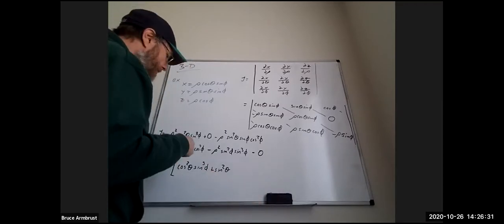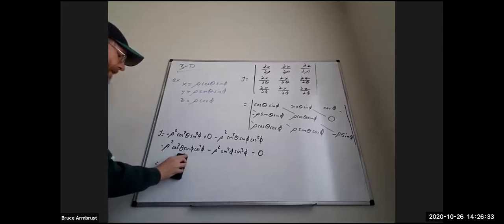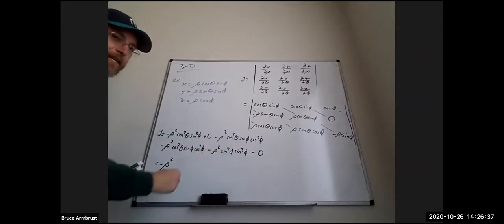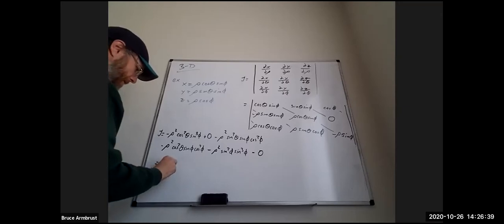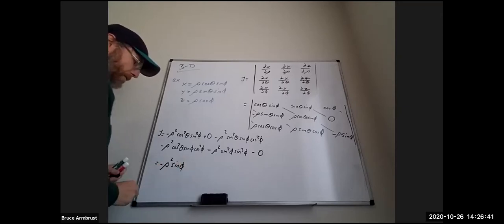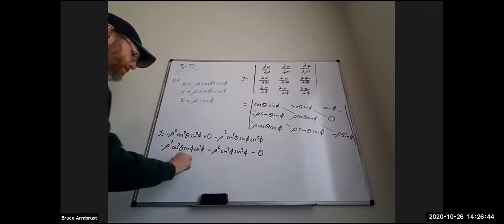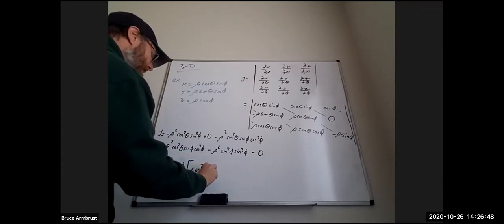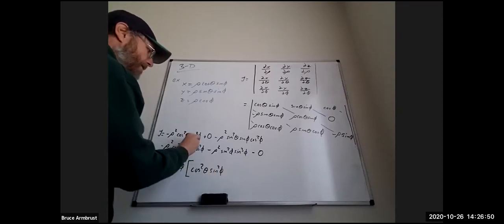Oh, actually, you know what? Hold on. Let's do one more thing. They all have rho squareds, and they all have a sine of phi. Let's pull that out too. So we get cosine squared theta sine squared phi.